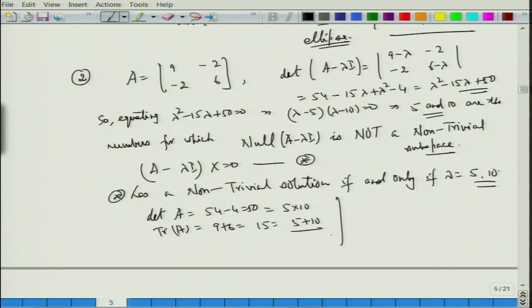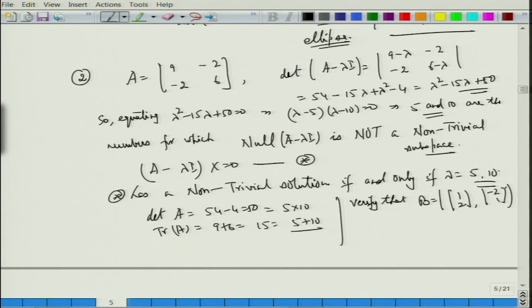Fine. What about getting an ordered basis? I hope I have done my calculations correctly, so I would like you to verify that. Verify that if you take B as (1, 2) and (-2, 1), this is again a symmetric matrix, you can see here.